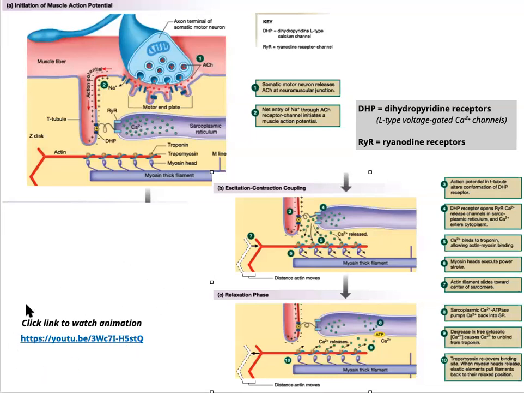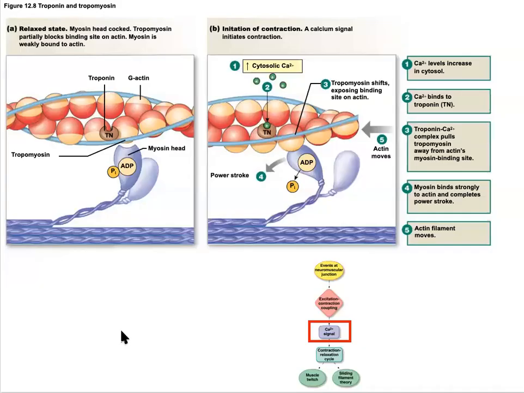So I've included a link to a great animation that you can now pause our lecture video to watch. This is a closer look at what we just discussed in the previous slide. During the excitation contraction coupling, calcium released from the sarcoplasmic reticulum binds to troponin. Troponin, being complexed with tropomyosin, causes the tropomyosin to shift, thereby exposing the myosin binding site on the actin.